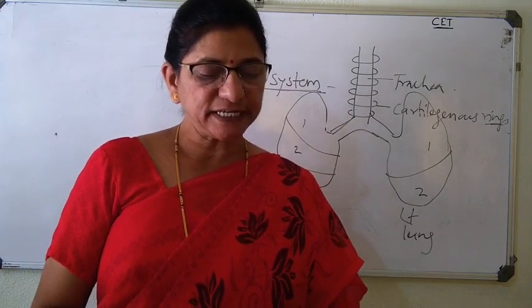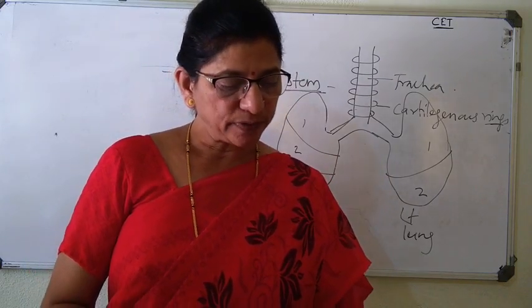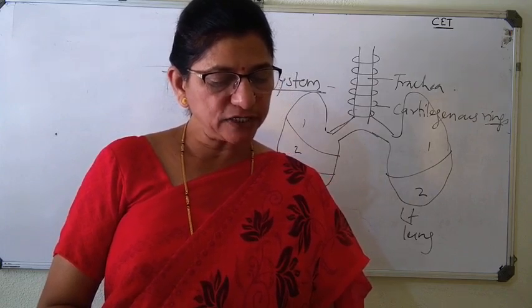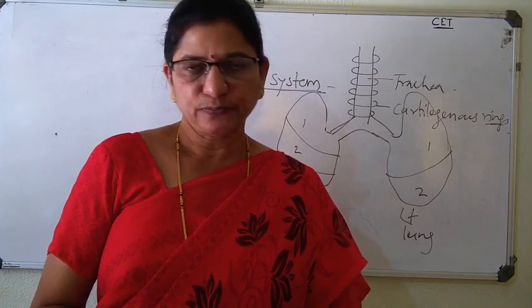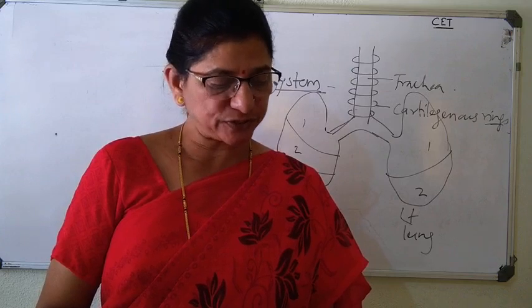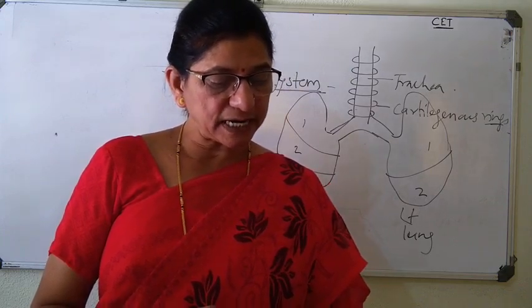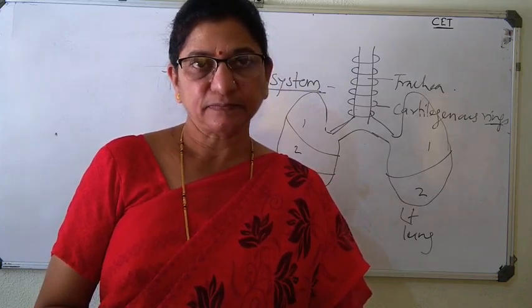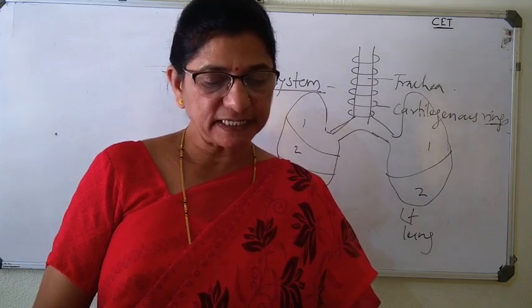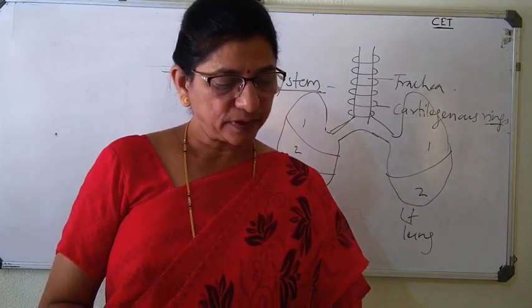So the correct answer is all the above. The laryngopharynx opens into, the correct answer is larynx. Thyroid is a cartilage plate in, the correct answer is larynx of rabbit.